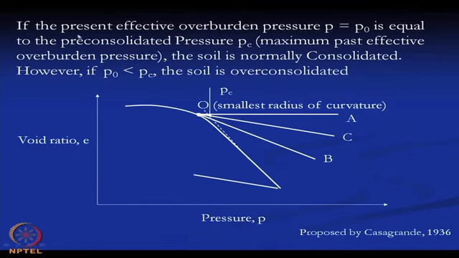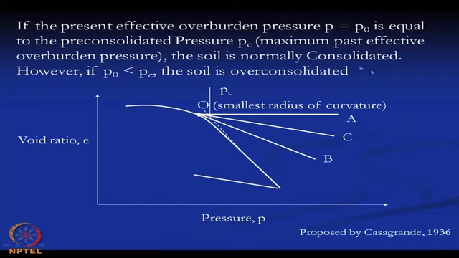So, this way we can determine the Pc, which is the maximum past effective overburden pressure. Now, if the present effective overburden pressure P0 is equal to the pre-consolidated pressure Pc, then the soil is called normally consolidated soil.